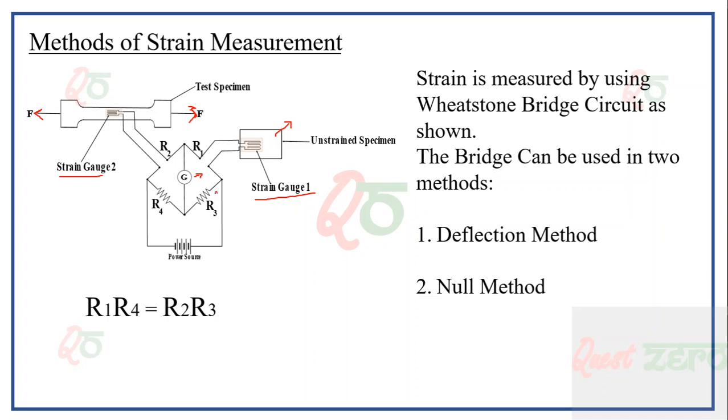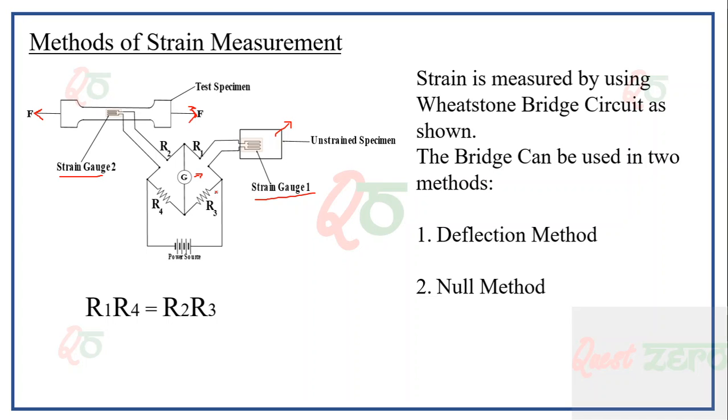This type of strain measurement, the null method, is highly efficient when you apply it only for static measurements, where the application of load is very slow or constant, or only one force is being applied at a time.